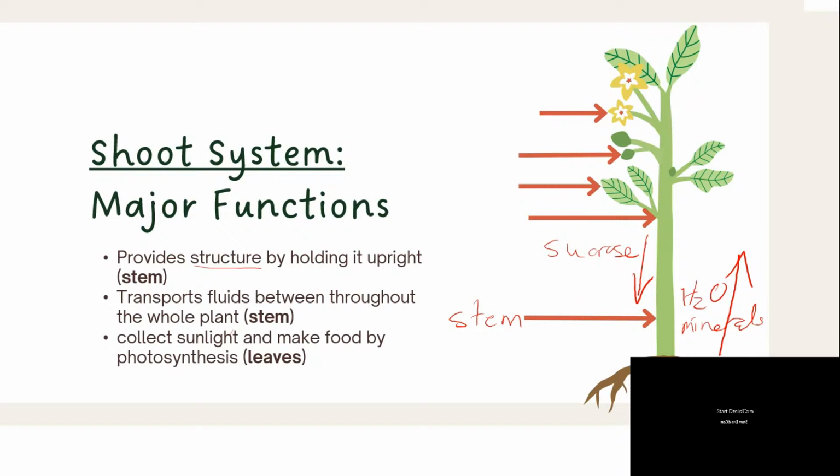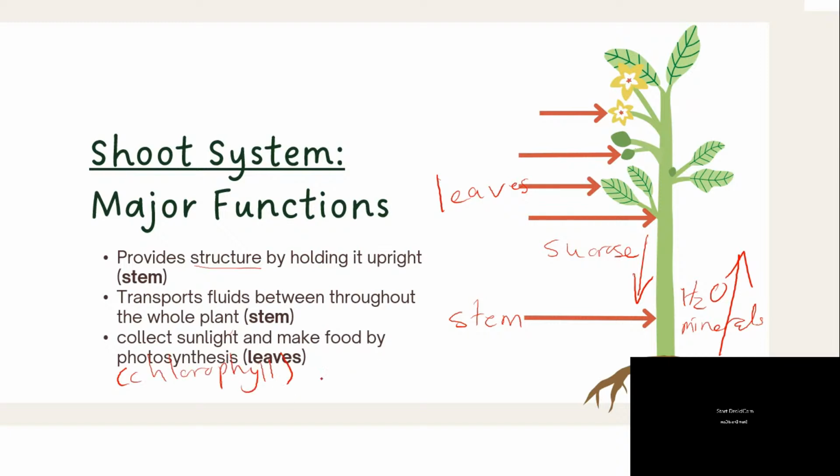Again, you will notice that the shoot system not only has the stem, but it also has the leaves. These ones are the leaves. Because they contain chlorophyll, which makes them green.